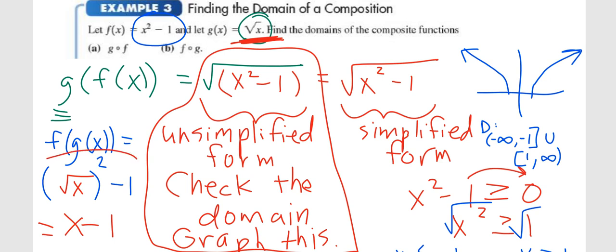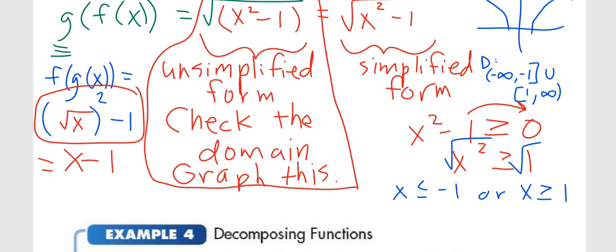But what do you get when you graph this thing right here? What'd you get? Square root x. You got a line, or more likely, I should say, a ray.